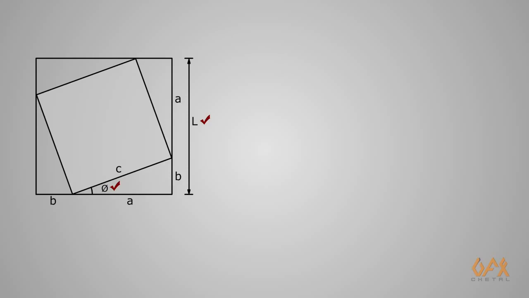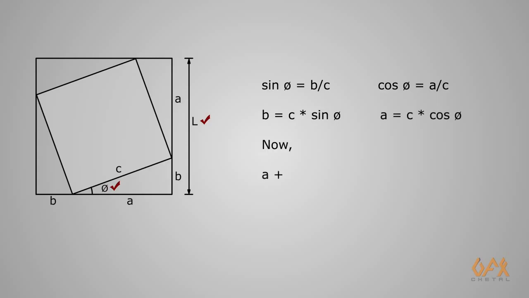So as per trigonometry, sin phi is equal to B upon C and cos phi is equal to A upon C. So B is equal to C into sin phi and A is equal to C into cos phi. Now A plus B is equal to C into (sin phi plus cos phi), and C is equal to (A plus B) divided by (sin phi plus cos phi).